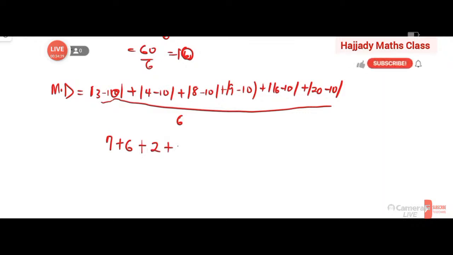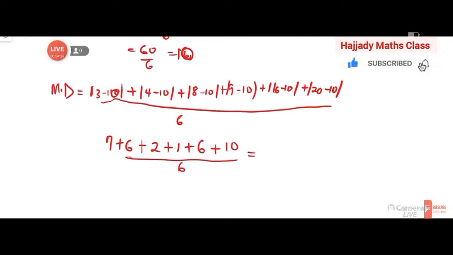Plus 1 plus 6 plus 10, all over 6. And this is going to give us 7, 13, 15, 16, 22, 32. So here we are going to have 32 over 6, and that should give us 5.3 something.